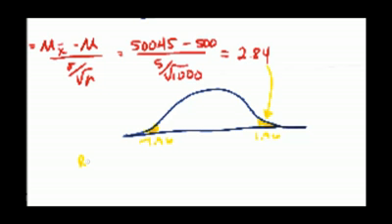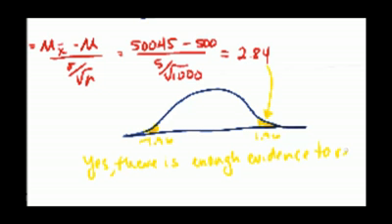So we would say yes, there is enough evidence to reject the null. Now, also, because we ended up on the high end of things, we would favor my claim that our batteries would last way more than 500 hours.